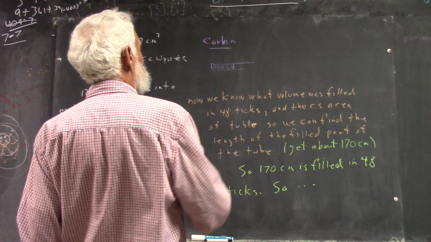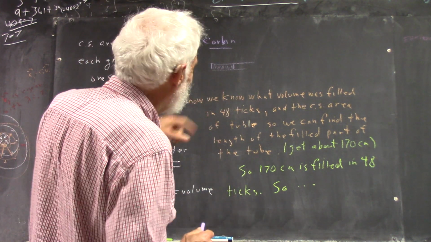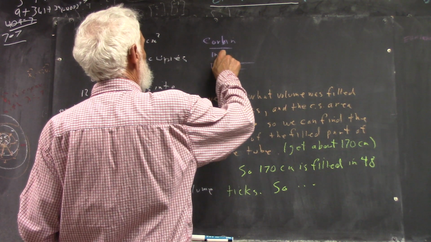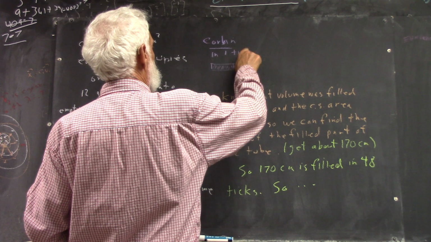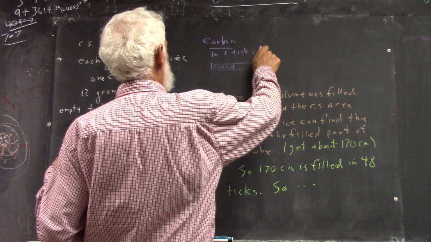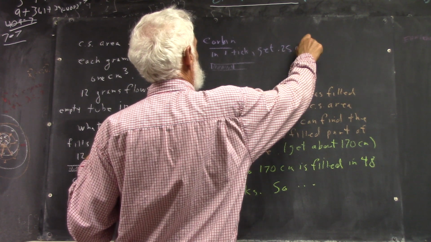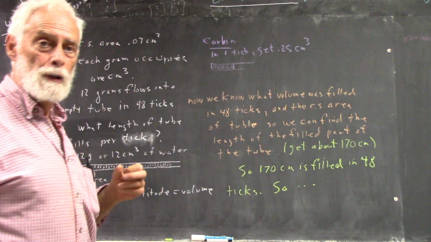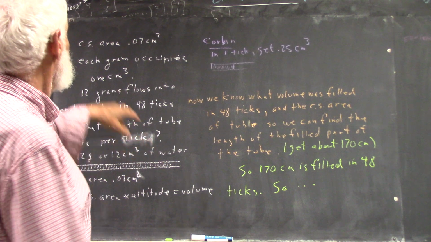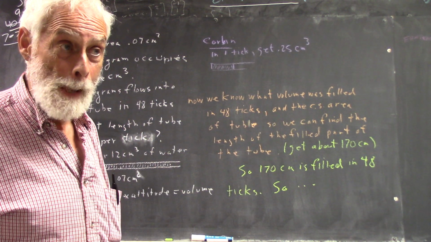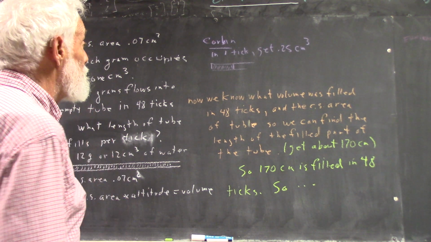So here's Corbin's picture. In one tick he gets 0.25 cubic centimeters, because in 48 ticks he got 12, and that's an obvious thing to divide, right?